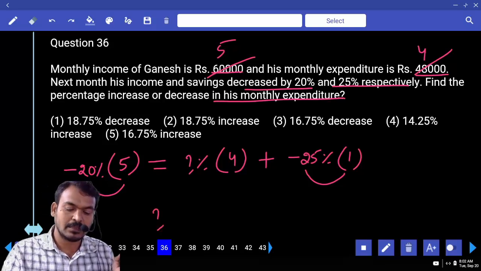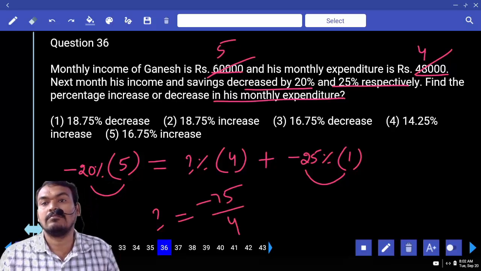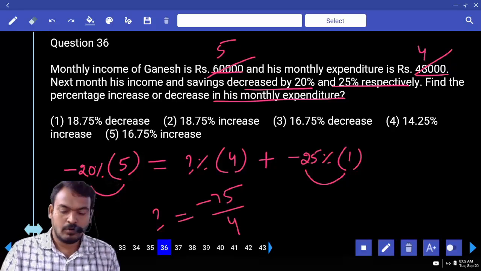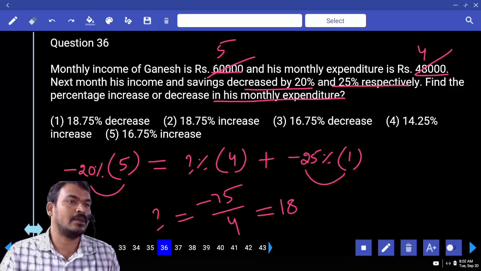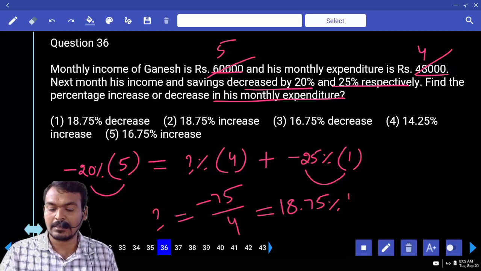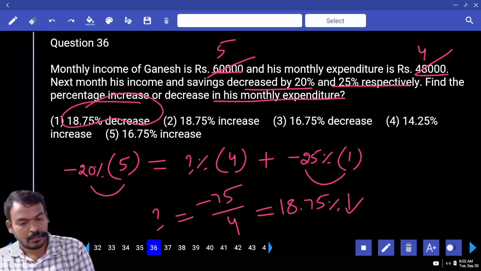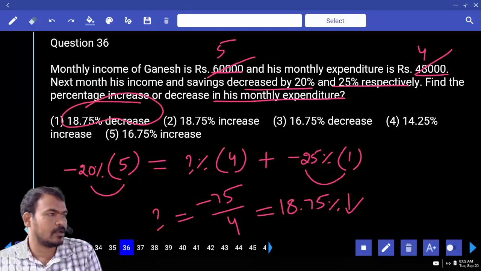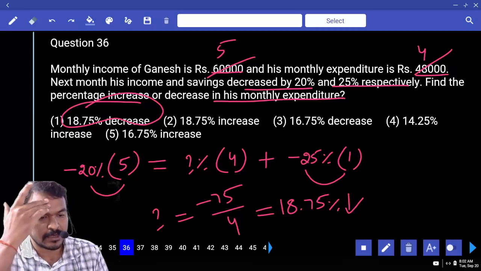Then the unknown is equal to minus 75 by 4. 4 into 18 is 72, the remaining is 3, so 3 by 4 means 0.75%. Decrease. Which option? The first one. Equality concept.